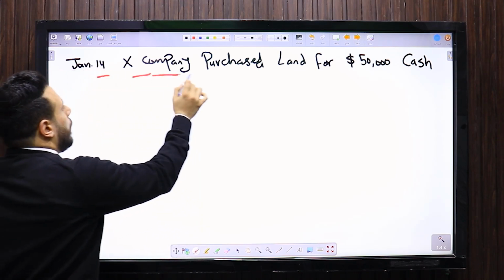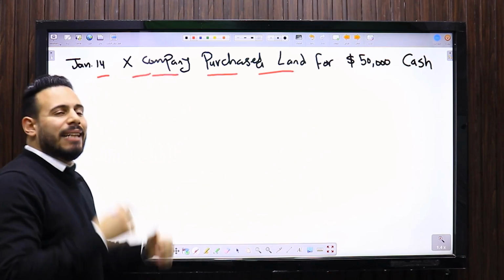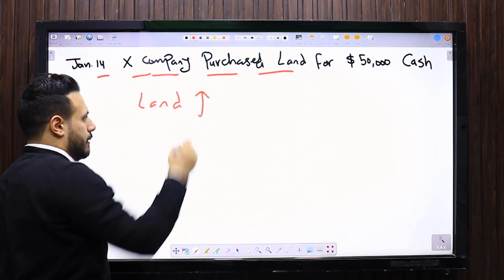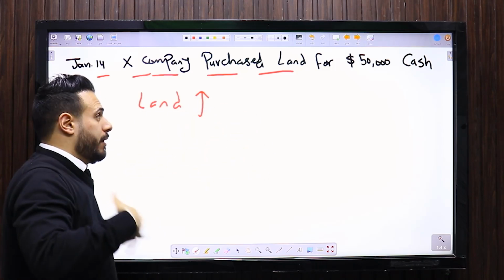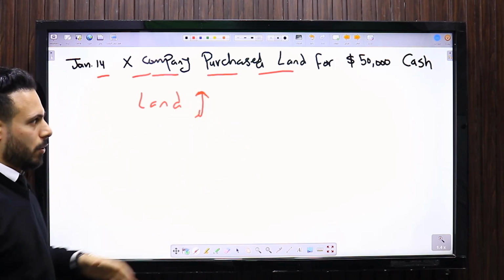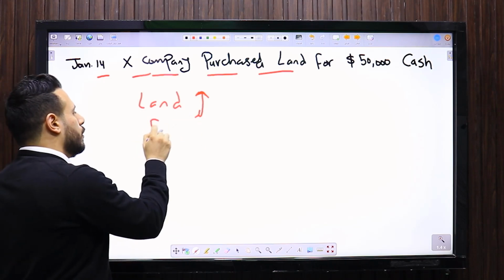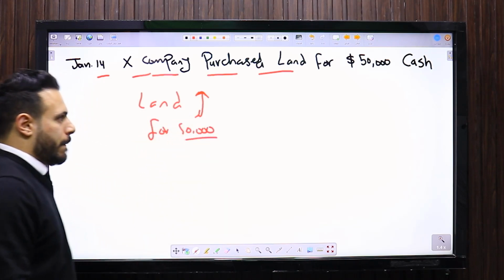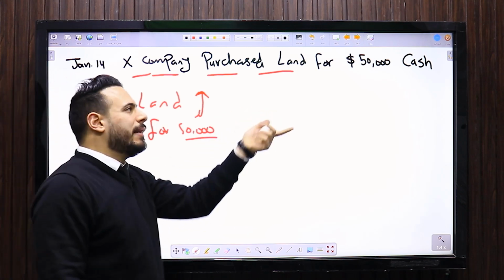If the company purchases land, the land will increase. If I bought something, it will increase. Land will increase by $50,000. And the cash will decrease.